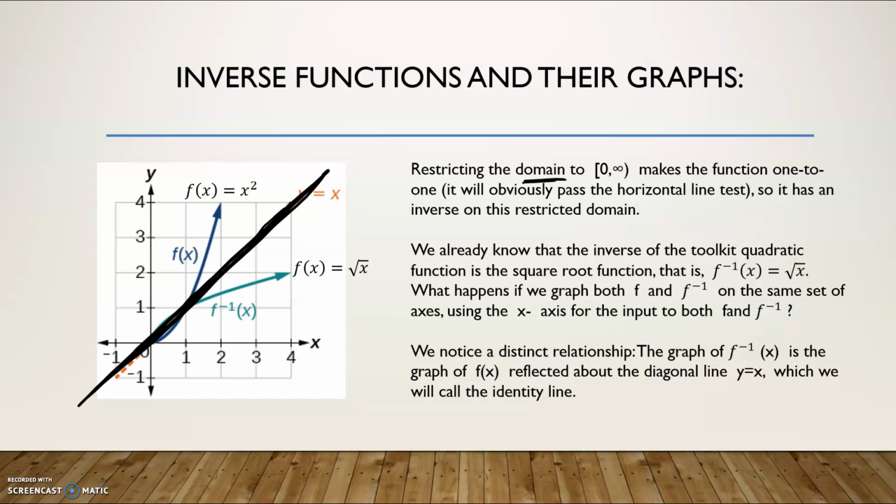They call it the identity line. I don't really go much into that. Okay, now that's what the inverse functions graphically are going to look like. When you have one function and you're trying to find the inverse, when you graph those, and if you have to restrict them, then they're going to look like mirror images of each other across this y equals x line.